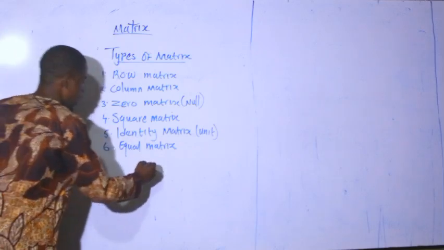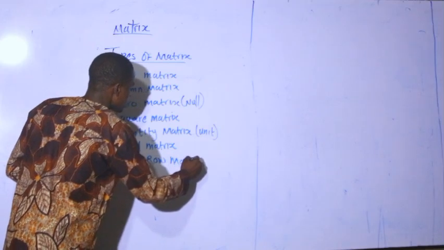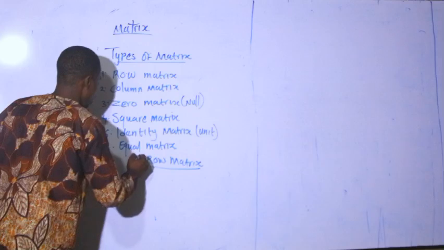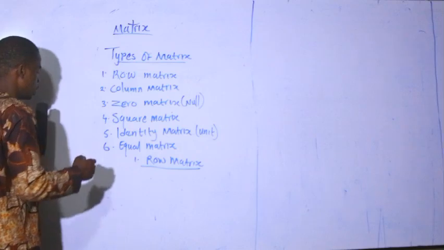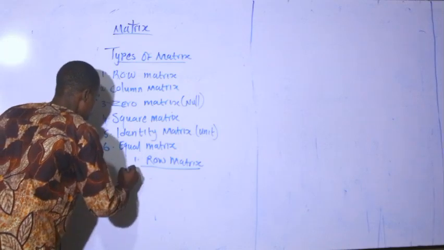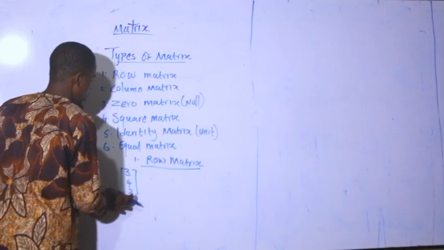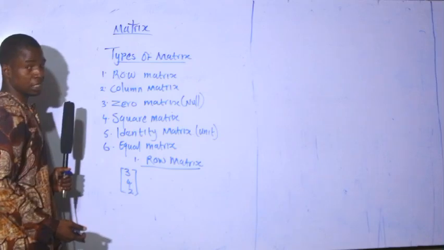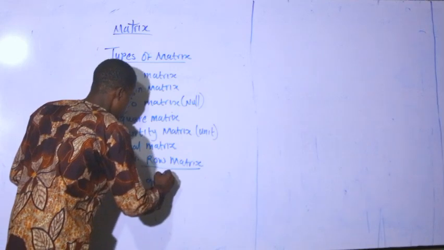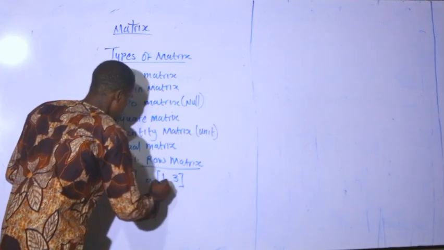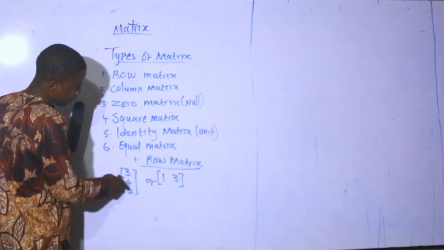Let us see. Number 1, which is called row matrix. What do we mean by row? A matrix can be a row, like 3, 4, 2. This is what we call a row. A row matrix can be just like this, or like this. This is 3 by 1.